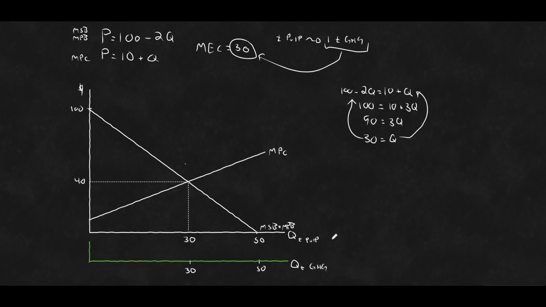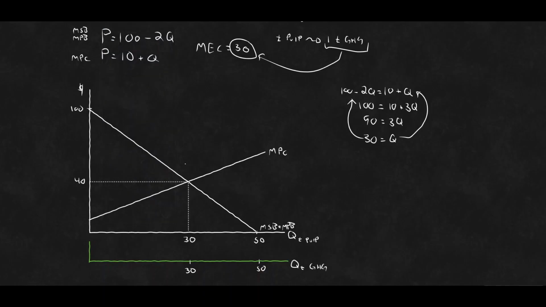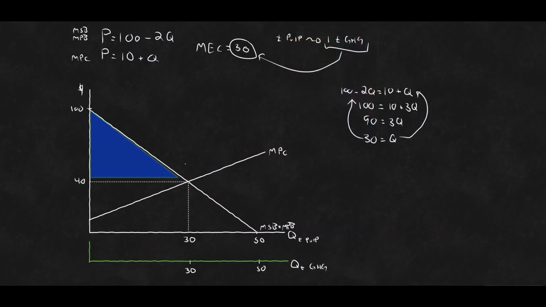Now, what is our initial consumer, producer, social surplus underneath this competitive equilibrium? Well, we could work out the consumer and producer. We would need to know what our external cost is, our pollution cost, before we could do the social. But let's do the consumer and producer to start. So to start us off, let's go get a triangle and we'll go blue for our consumer.